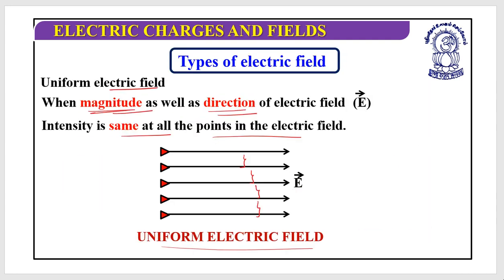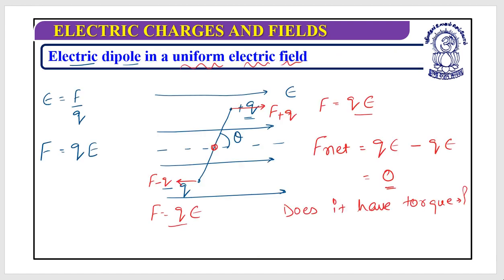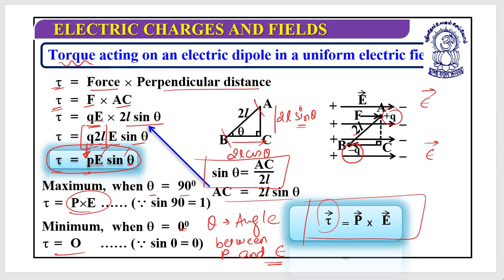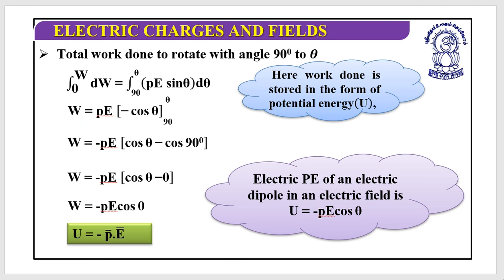So how could I do this? I need to find out the total work done to rotate with an angle from 90 degree to theta. So let's integrate this on both the sides.